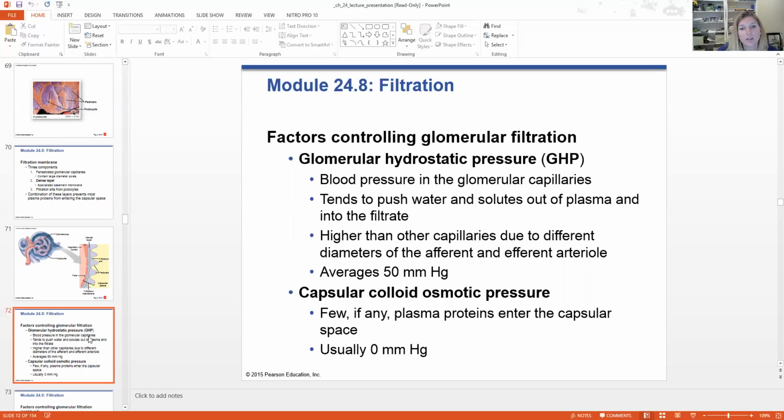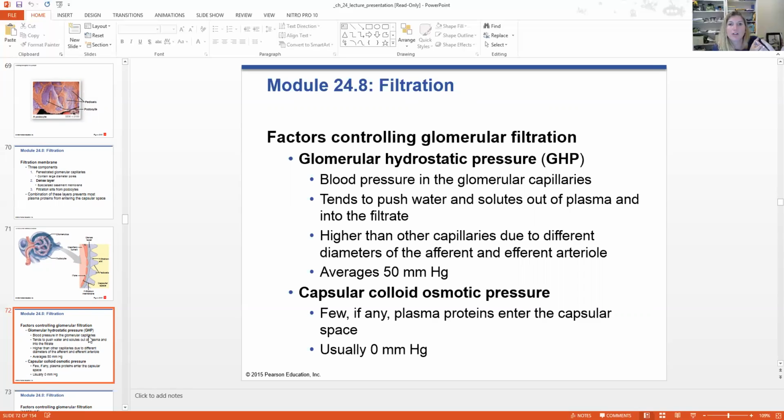So the glomerular hydrostatic pressure is pushing water and solutes out of the plasma into the filtrate, into that capsular space. It's higher in this area than in other areas because of the different diameters of our afferent and efferent arterioles.